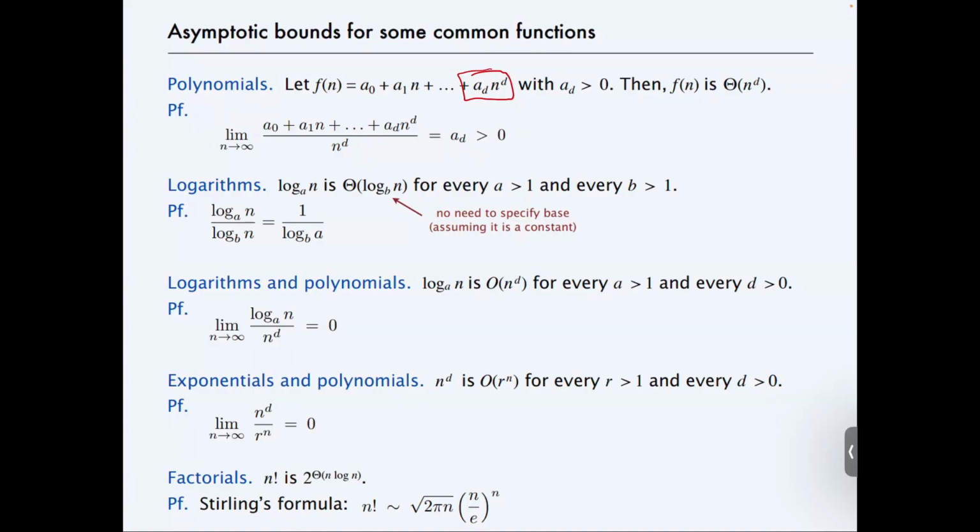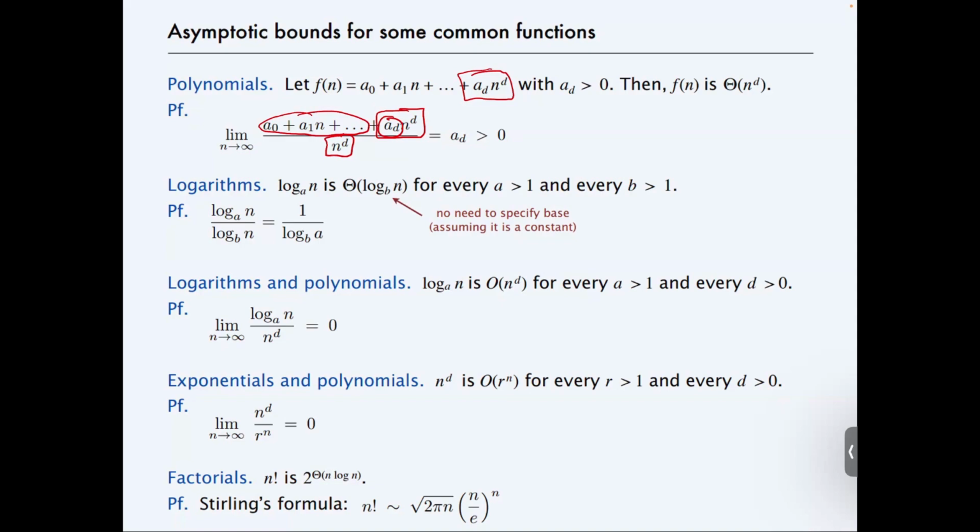It's also our tightest big O value and our tightest omega value. You can look at the limits to see that this is the term that actually matters. As you divide this by n to the d, you end up with a constant, which is ad, where the rest of the terms simply go to 0.